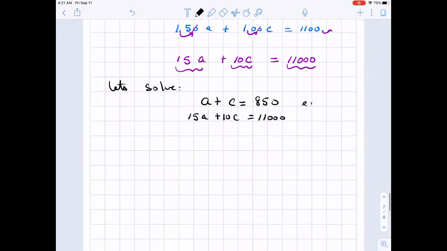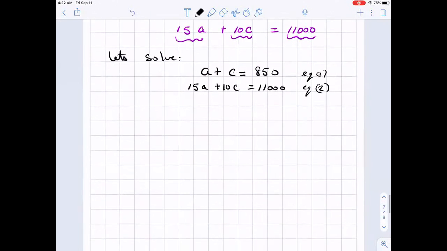Let's call this equation 1, equation 2. So we can multiply equation 1 by -10 and multiply the second equation just by 1, as we discussed when we did solving equations. So right now, multiply this equation here by 10, but one of them has to be a negative, so -10.